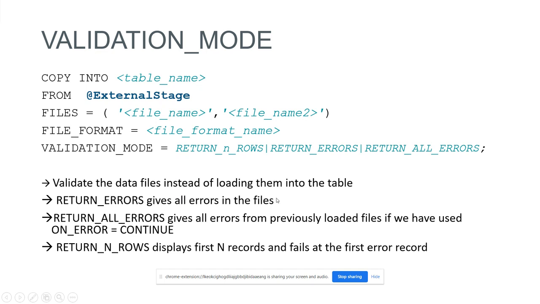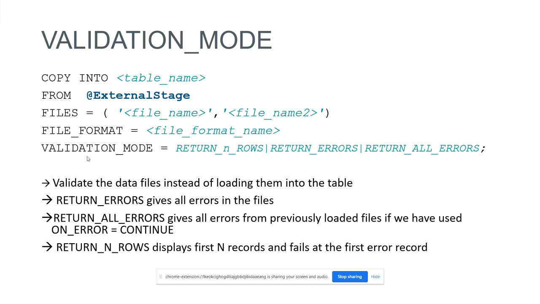in the files. Suppose I want to load 10 files into the Snowflake table. They are same pattern files. If I want to load all those 10 files into a Snowflake table, and if there are any errors in the files, all those errors will be returned. Suppose in file 1 there is some error, in file 2 there is some other error, in file 5 there are some more errors.